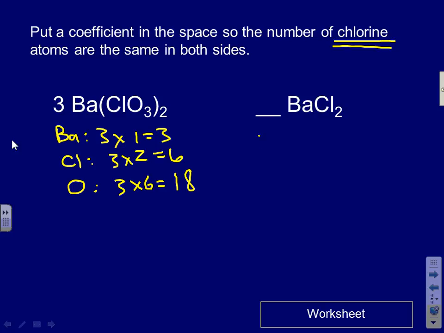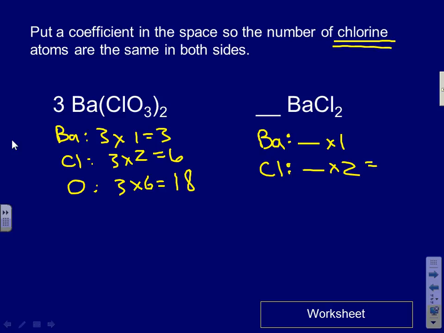So, again, I'm going to put down barium and chlorine. And again, blank, blank. Barium, there's 1. Chlorine, there's 2. But in this case, I want the chlorine to be balanced.